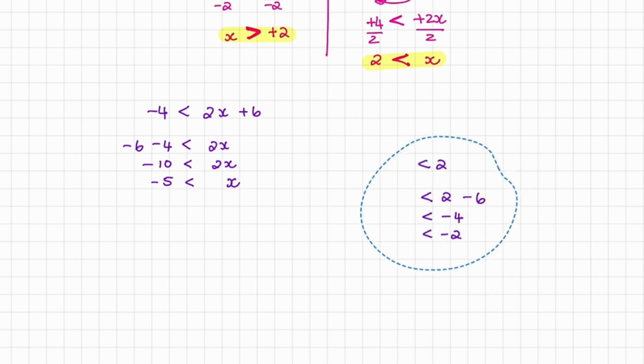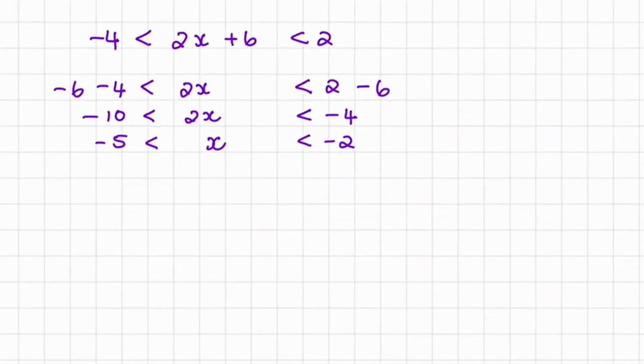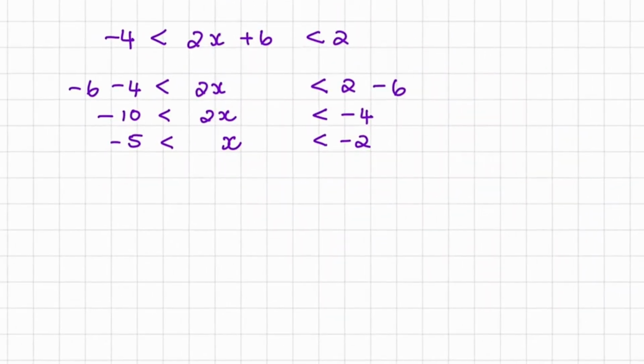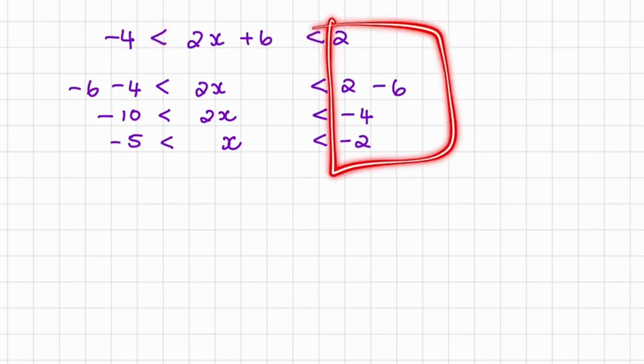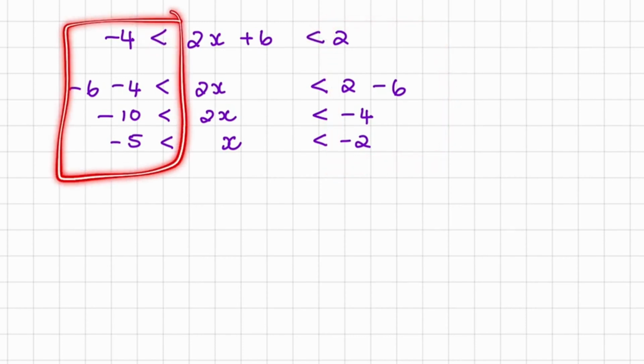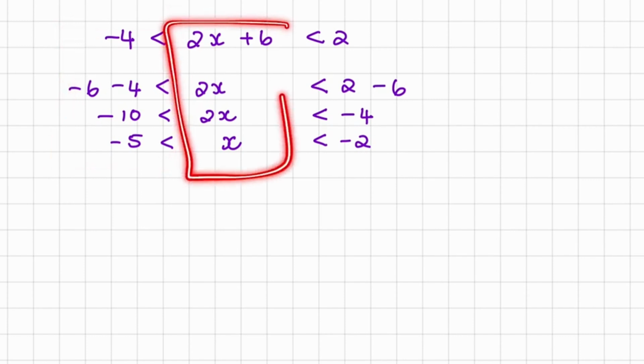And if I bring my first solution back, I can see that in both cases, I repeated the calculation. So my first step is to take the 6 over, then I had a solution, and then I divided both sides by 2. And that's all that you do with a double inequality. You solve the one side first, and then you solve the other side, keeping the x in the middle.